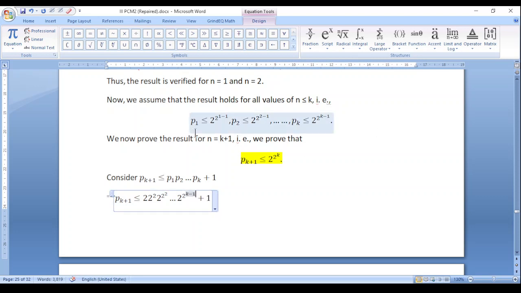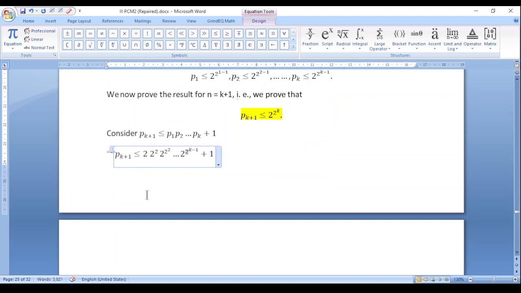So because each of these is less than or equal to the corresponding power of 2, this pk plus 1 is going to be less than or equal to 2 into 2 square into 2 to the power 2 square into etc. 2 to the power 2 to the power k minus 1 plus 1.